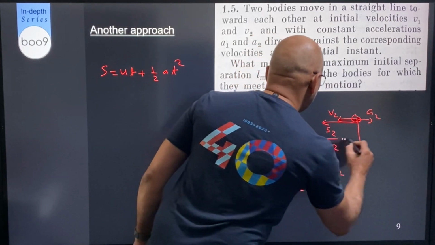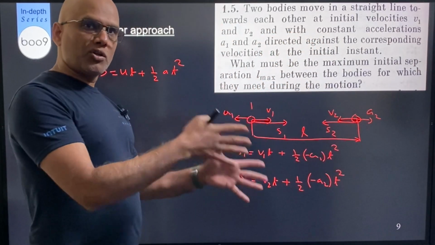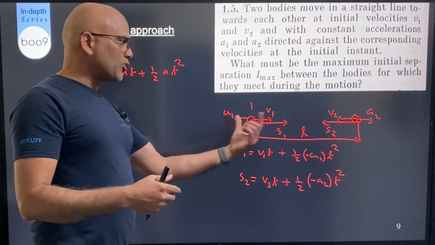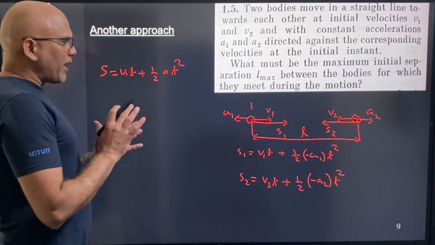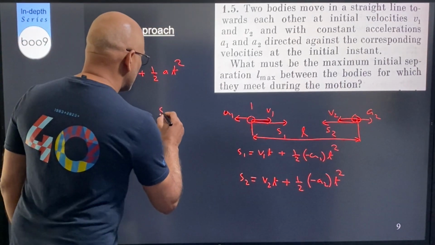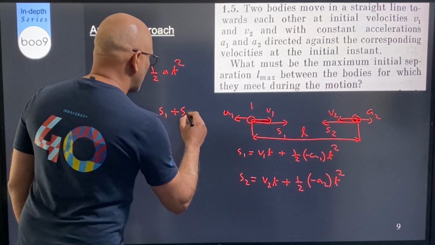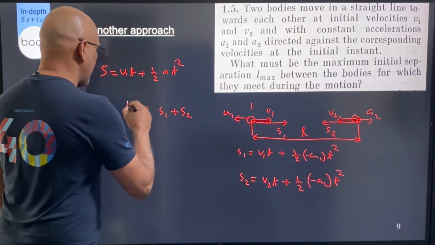me call it L. I don't know if it is L max or not yet, but let me call it separation L. So this separation is L. So what I want to do is enforce this S1 plus S2 to be L, right?